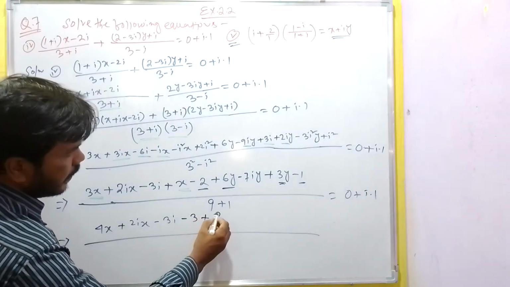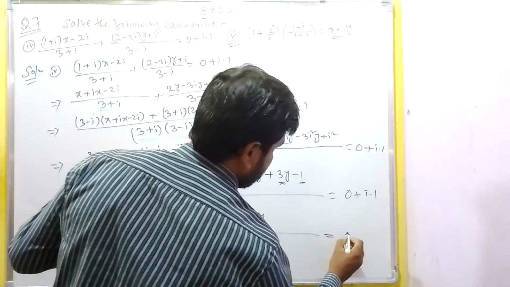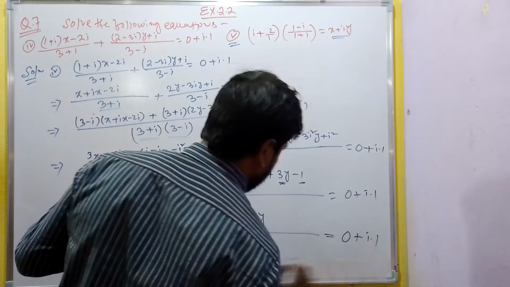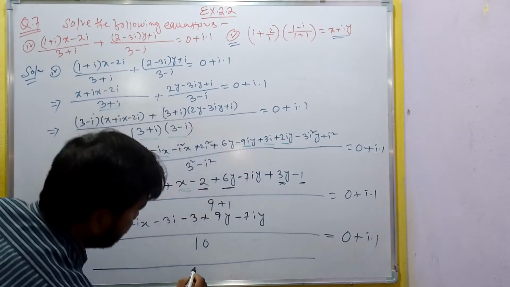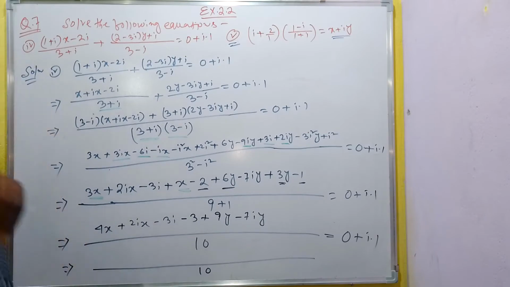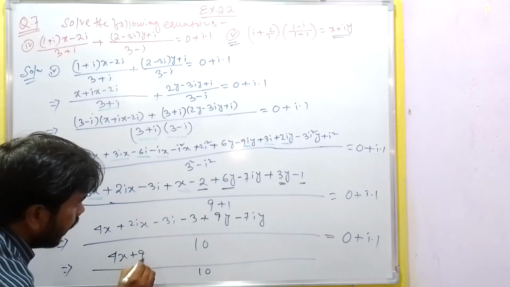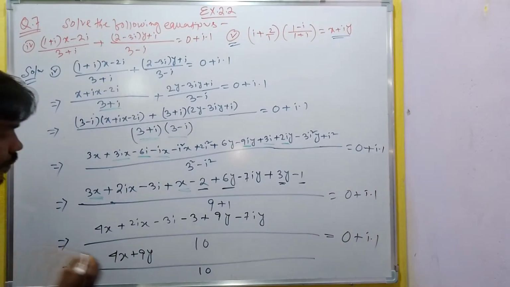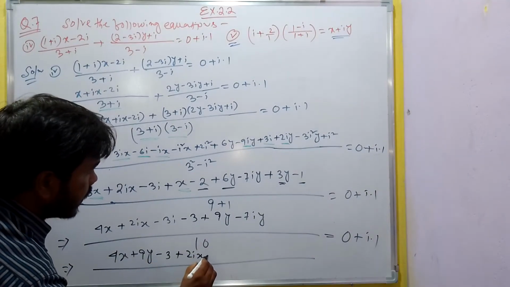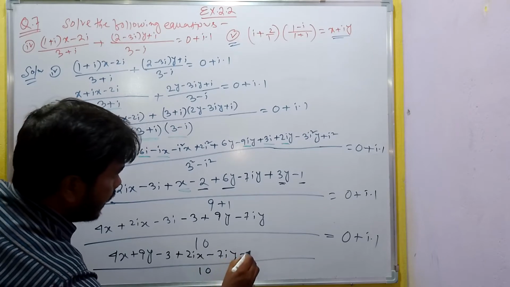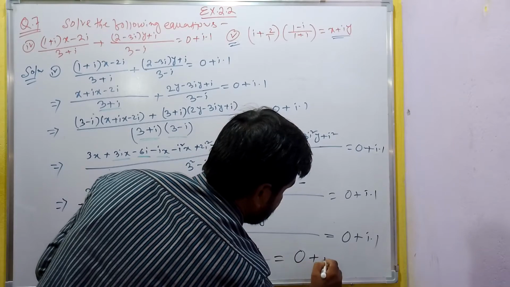Then you can write 9y minus 7iy equals 0 + i·1. Again, the denominator you got is 10. So you have to write 4x + 9y minus 3 plus 2ix minus 7iy minus 3i equals 0 + i·1.